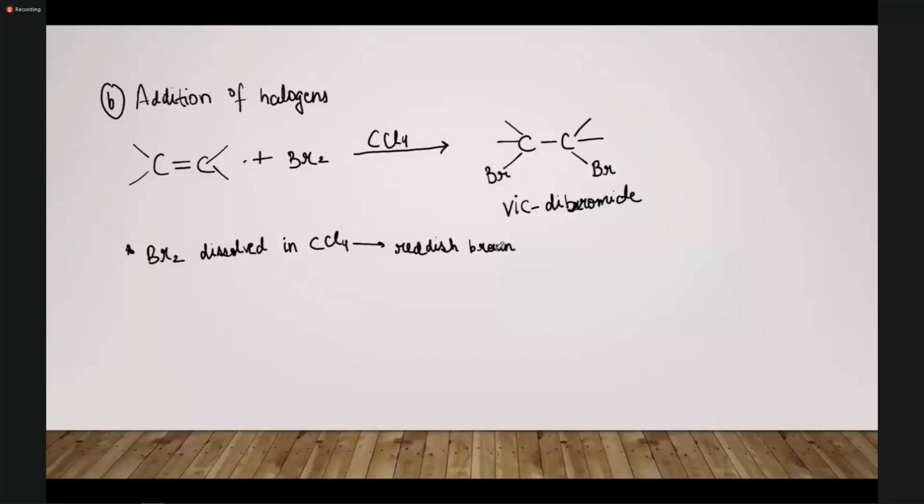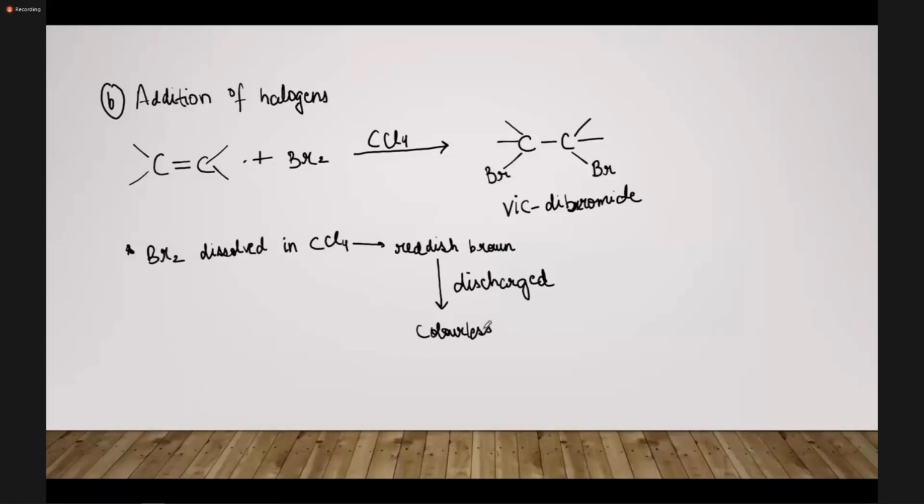I mean, this product is colorless. So when the reaction happens, this reddish brown color is discharged. Discharge means this reddish brown color disappears and we get a colorless product. ठीक है? So that is used as a laboratory test.